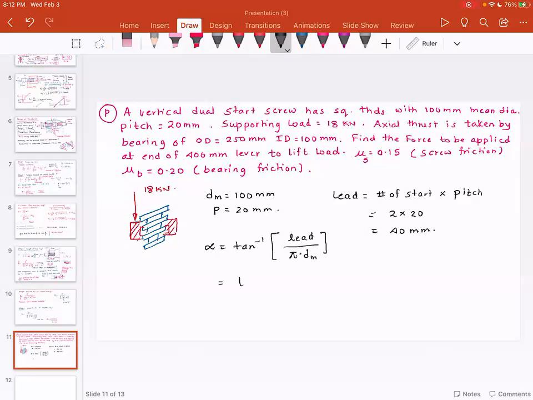That is tan inverse of 40 divided by pi times dm, which is 100. And once you solve this, you will see that alpha is tan inverse of 0.127.